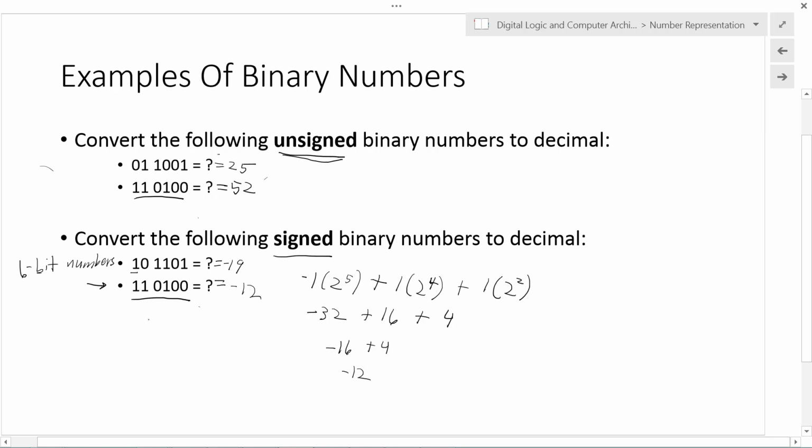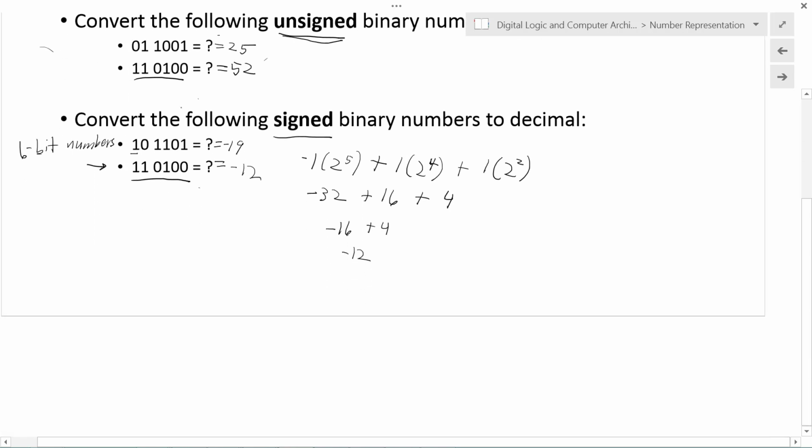Let's look at one more example comparing integer conversion between binary signed and binary unsigned. So let's look at the 6-bit number 0, 1, 1, 0, 1, 0.